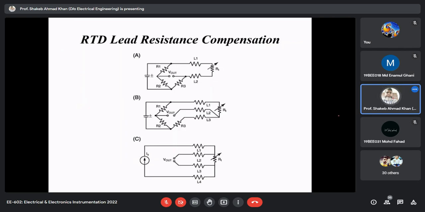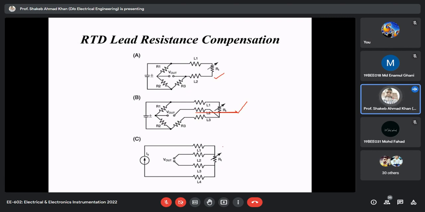Here you can see the 3 terminal RTD connection is used this way, just to avoid the effect of the lead resistance on the final measurement. Here it is 2 wire, where it is not possible to compensate, but here you can see the connection change.